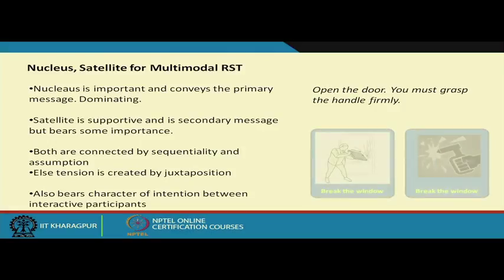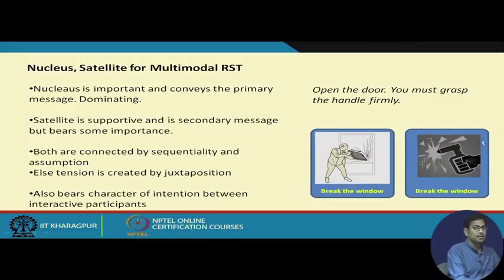Let us look at a visual example over here. Both of these two graphics have the intention of breaking the window. But if you look at the graphics, they have two different imageries breaking the window in two particular fashions. So, you can definitely figure out the intent now.